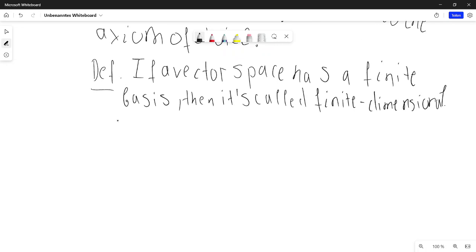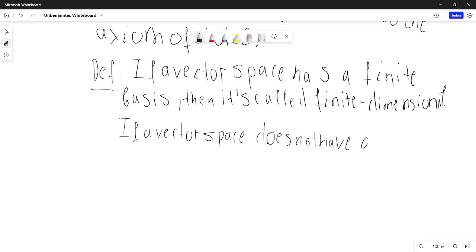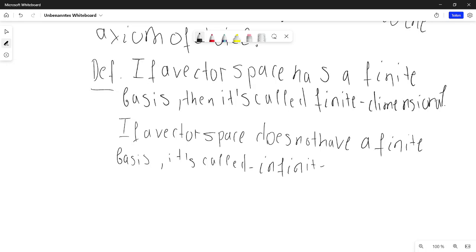Okay, if a vector space does not have a finite basis, it's called infinite dimensional.